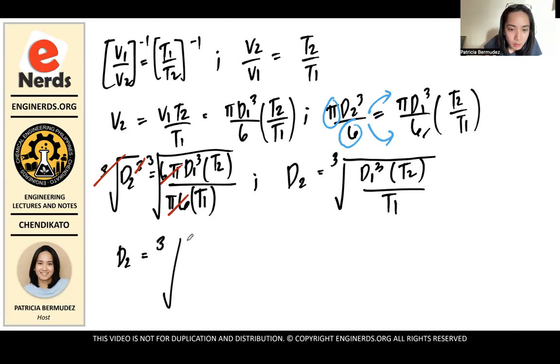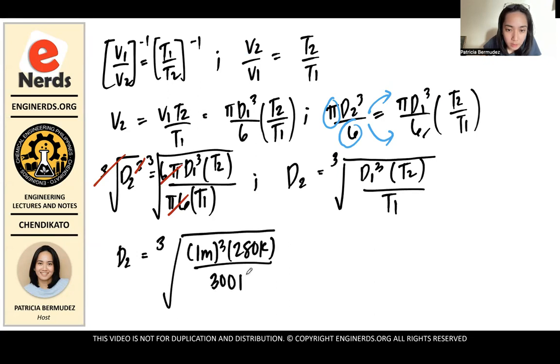Cube root of, yung D1 natin is 1 meter raised to 3. And then yung T2 natin is 280 Kelvin over yung T1 natin is 300 Kelvin. So you can see na makakancel yung Kelvin.